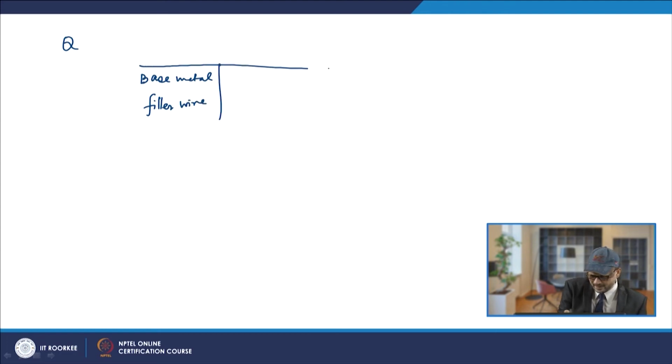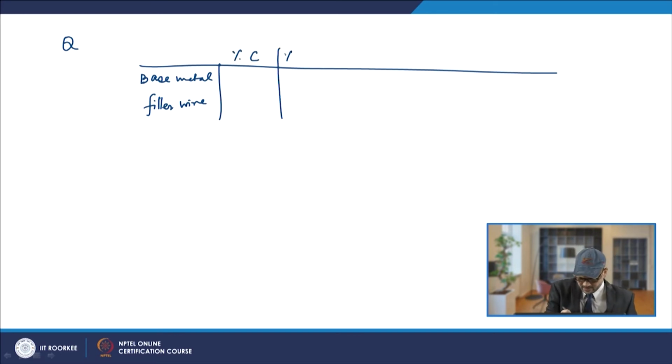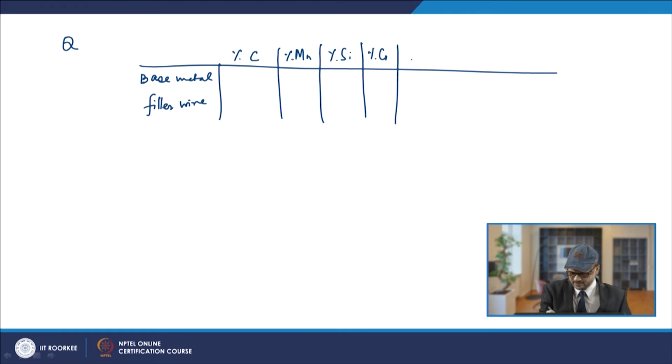So, for base metal and for the filler wire, the different compositions are provided, in terms of percentage carbon, percentage manganese, percentage silicon, percentage chromium, percentage nickel, and percentage nitrogen.